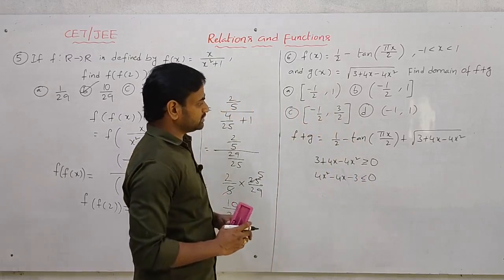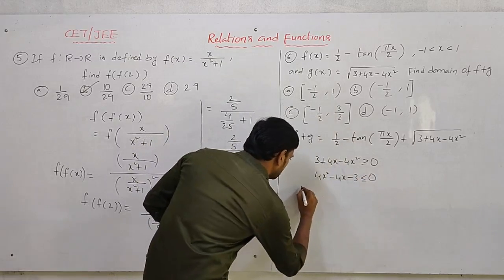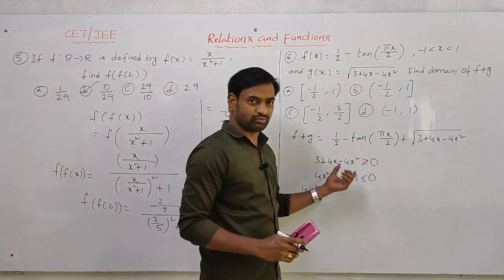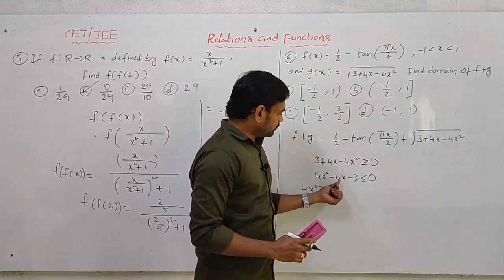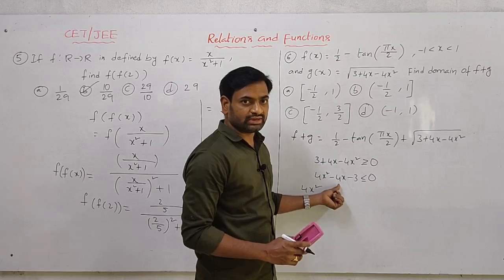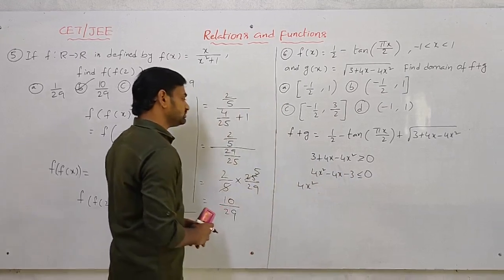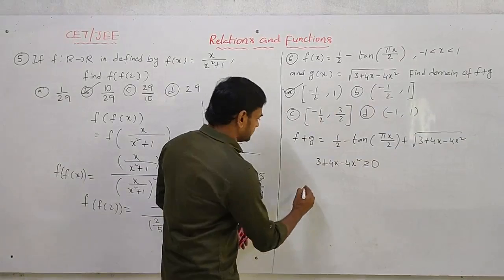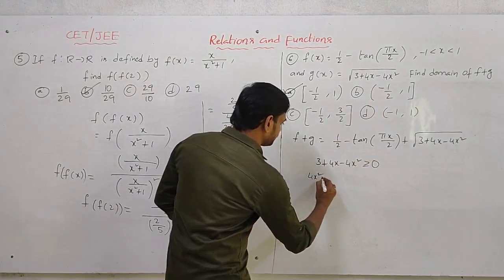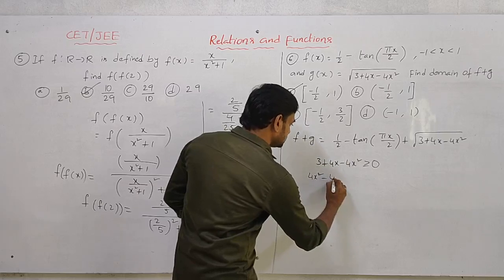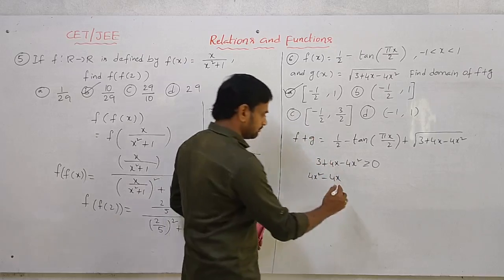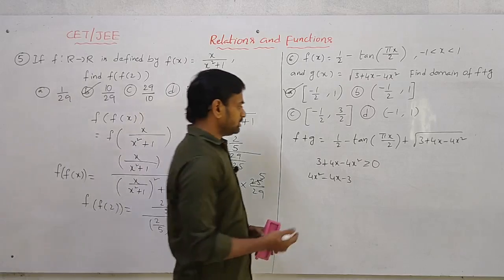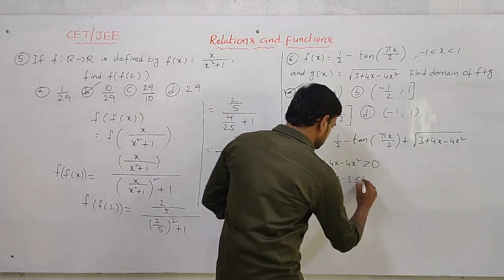Now find the factors for this one. That is 4x square, so 4 into 3, 12. If you multiply, you have to get 12, and if you add or subtract, you have to get minus 4. Here I am taking minus common: it is 4x square minus 4x minus 3, less than or equal to 0.